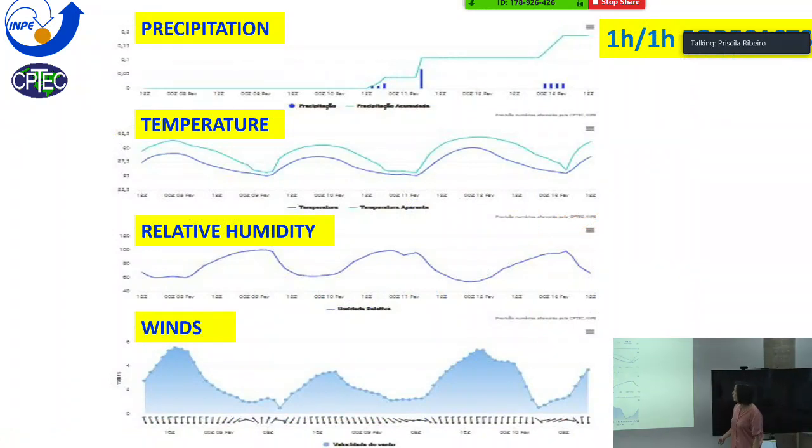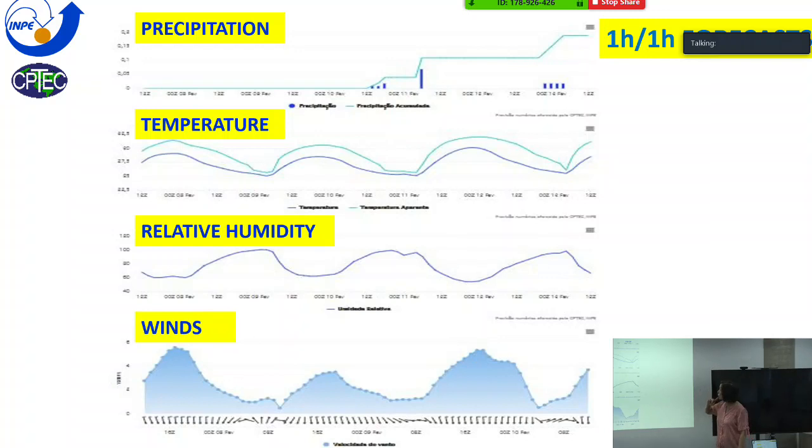So we can have outputs like hourly information of precipitation. Every hour we can have information of precipitation at a certain grid box, at a certain location. Also temperature, relative humidity, winds. You can have other variables, but these are the most commonly requested by users.